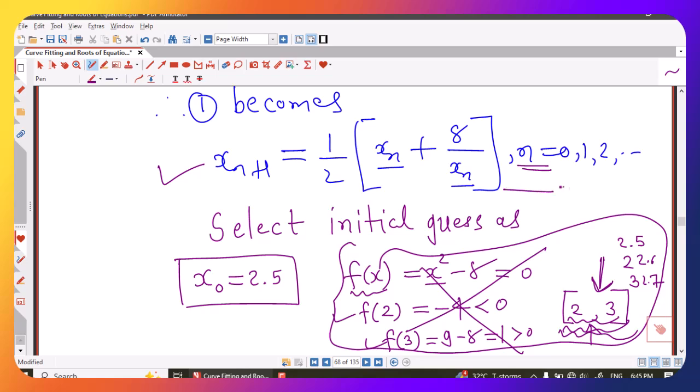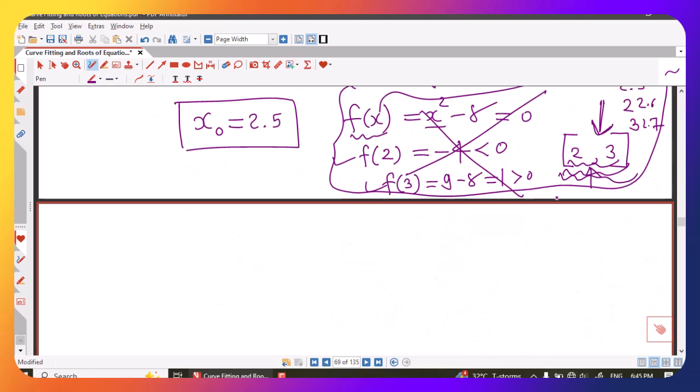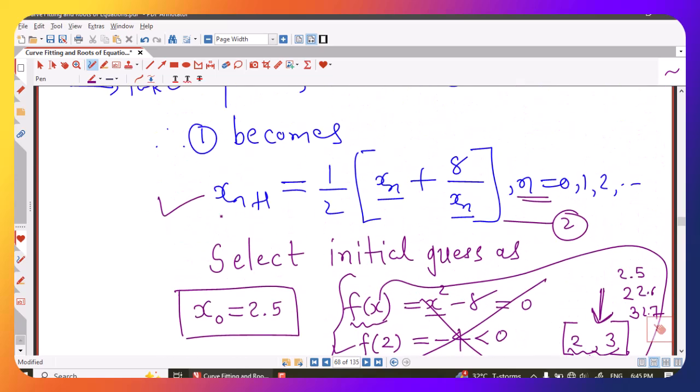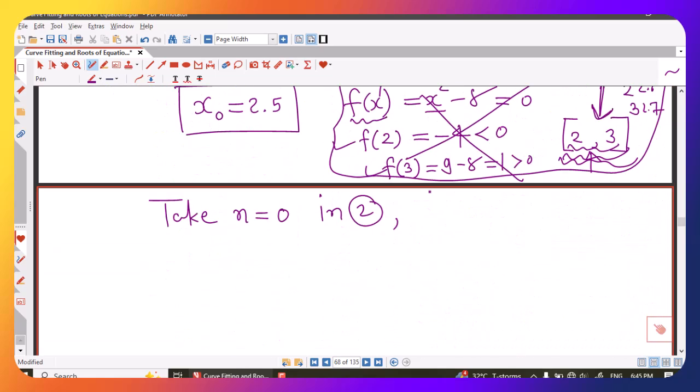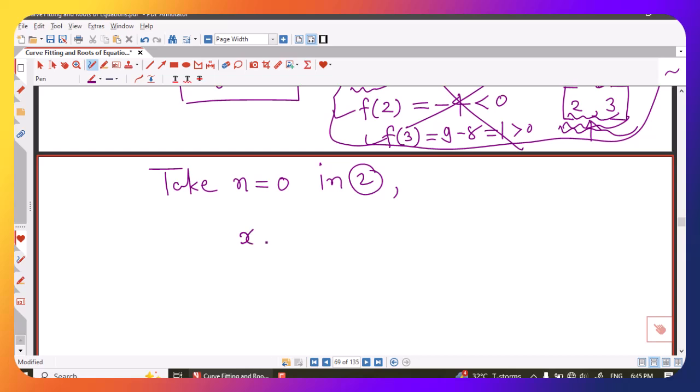So let me give this number 2, and we take n equal to 0 in equation number 2, and we will have x1 equal to 1 by 2 x0 plus 8 by x0. x1 is 1 by 2 x0 plus 8 divided by x0.